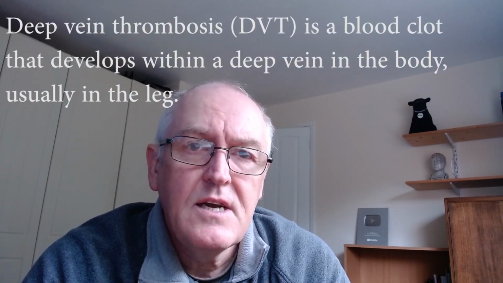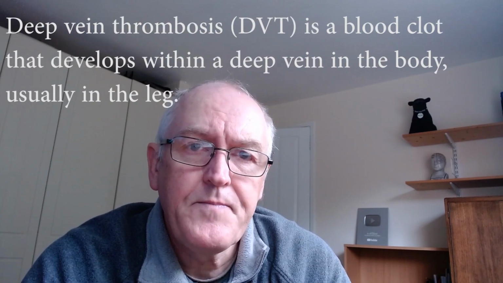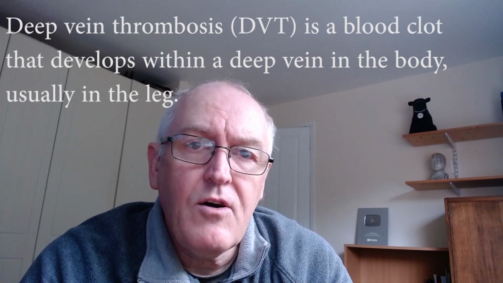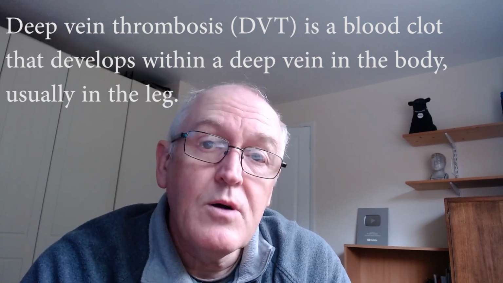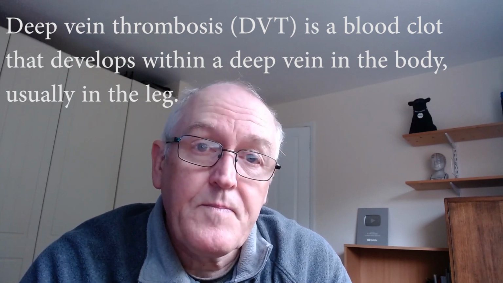So what normally happens is that this condition begins in the veins of the leg. And if it's in the deep veins in the leg, that's called a deep venous thrombosis, a DVT. And if bits of that break off, eventually those emboli will lodge in the lungs. That's called a pulmonary embolism.